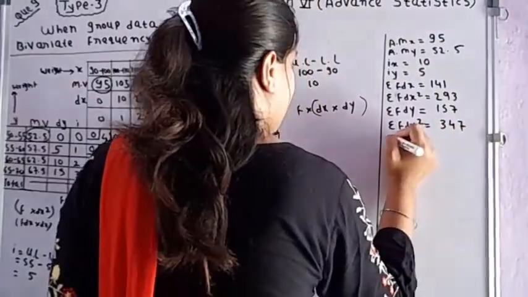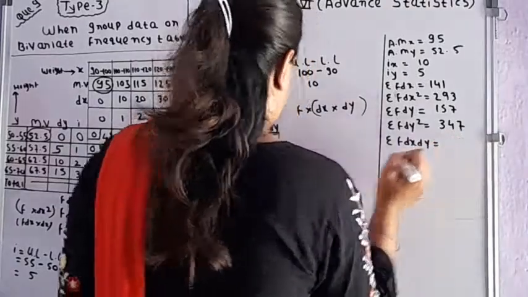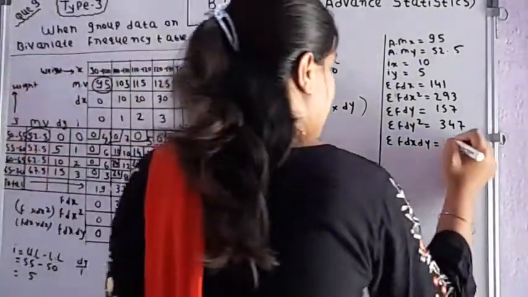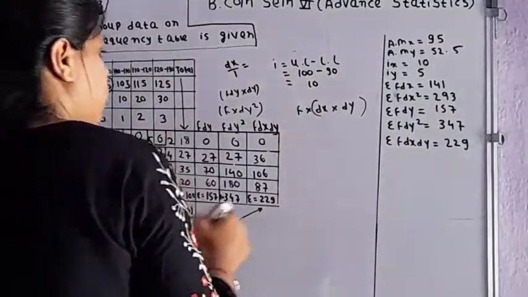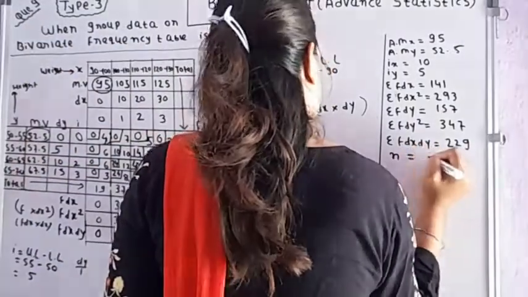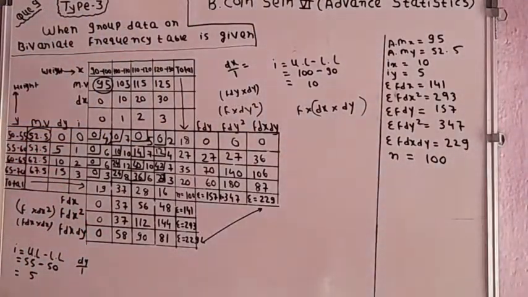After that, summation f dx dy, which equals 229. And we will require the number of observations n, which is 100. So these are the things we need to compute the lines of regression and regression coefficients. So we have noted it down.